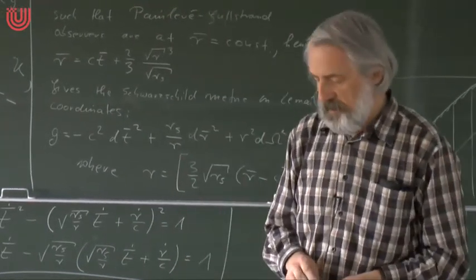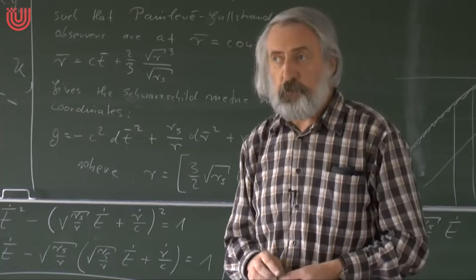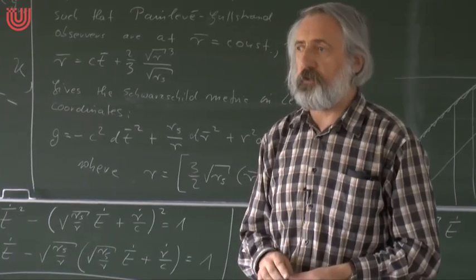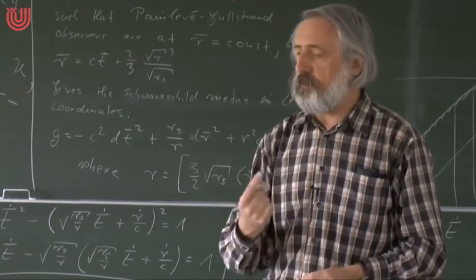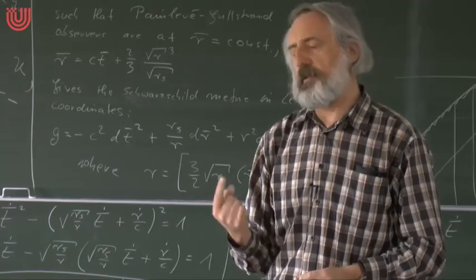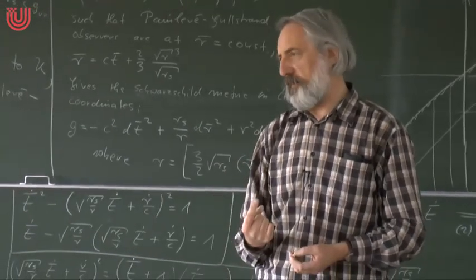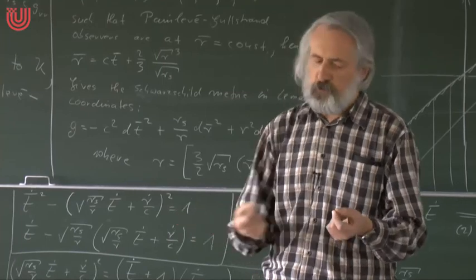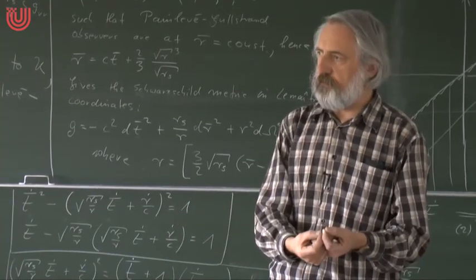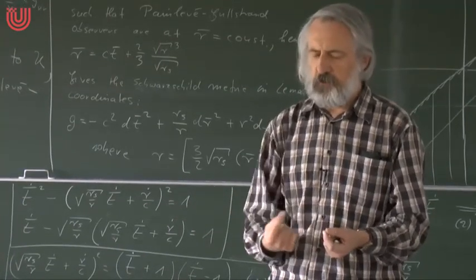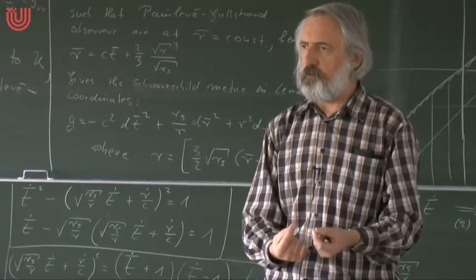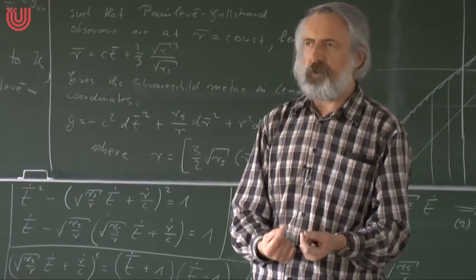Also the feature of the innermost stable circular orbit, which is quite interesting, that you cannot orbit arbitrarily close to the horizon. It's clear that you cannot orbit inside the horizon. Yeah, that's obvious, because the R coordinate must decrease. We have discussed this. So inside the horizon, you can only be in a spiral motion towards the center. That's what one calls a plunge orbit.